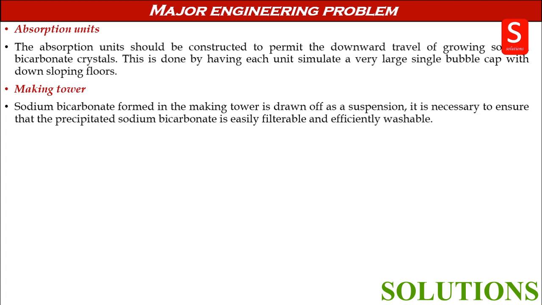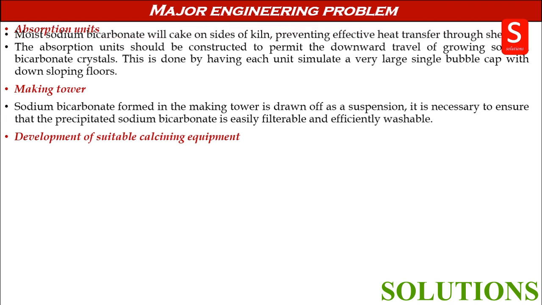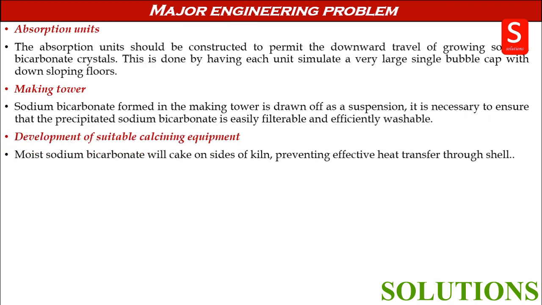It is necessary to ensure that the precipitated sodium bicarbonate is easily filterable and efficiently washable. Development of suitable calcining equipment: moist sodium bicarbonate will cake on the sides of the kiln, preventing effective heat transfer through the shell.